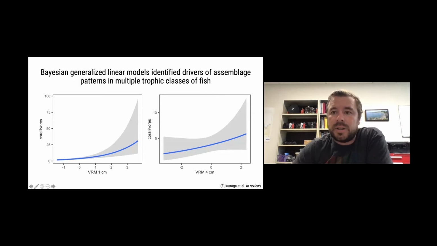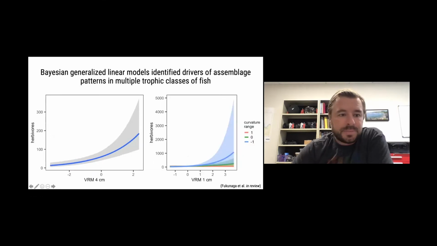I'm just going to show you some of the highlight results. If we look at corallivores, we saw strong, significant responses with vector ruggedness at both 1 and 4 centimeters. So as the habitat becomes more complex at these resolutions, we can see a pretty decent increase in the abundance of corallivore fish. If we look at herbivores, we see something different, and this is what I was excited about. Different fish groups respond to different elements of habitat structure.